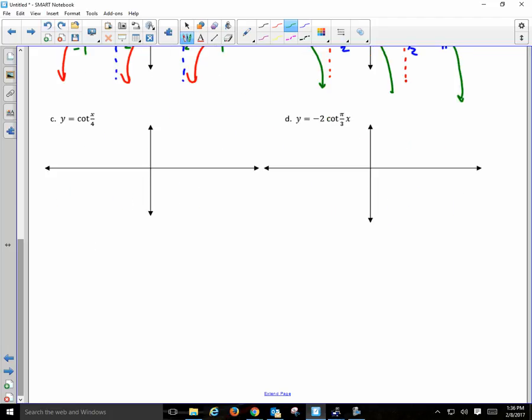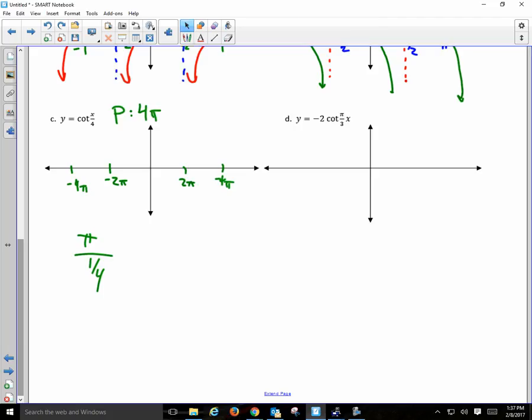We have cotangent of x over 4. What is the period? How'd you get 4 pi? Pi divided by 1/4 will give me 4 pi. I mark off 4 pi and negative 4 pi. I divide it in half. Is cotangent equal to 0 at the period, or is it undefined at the period?